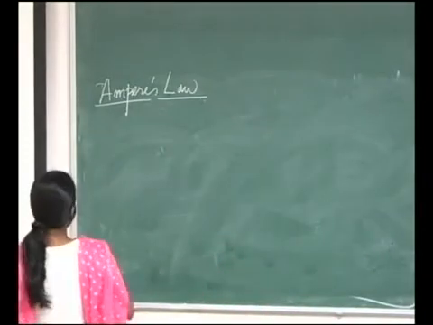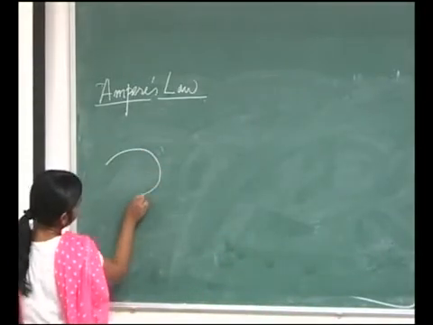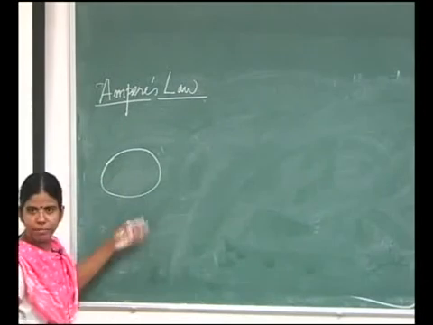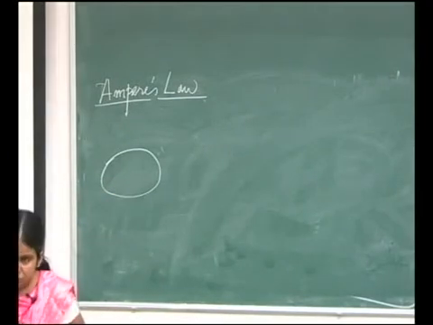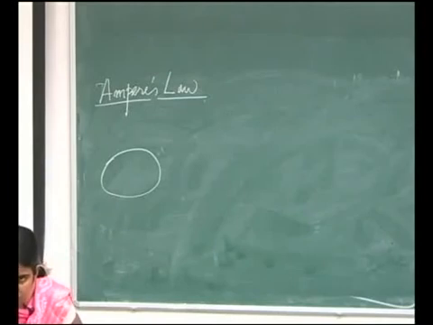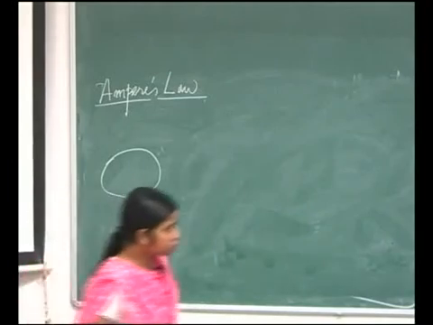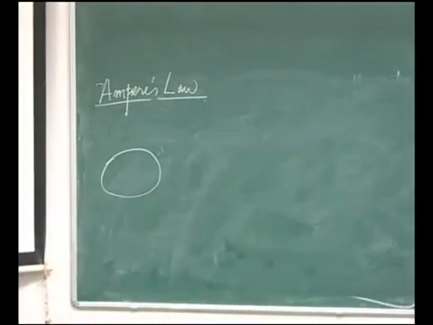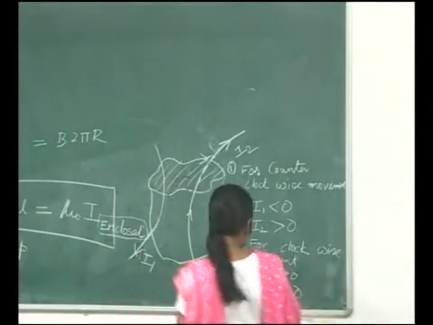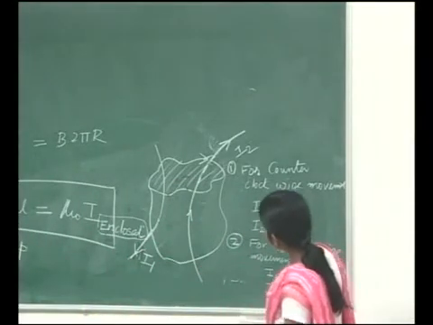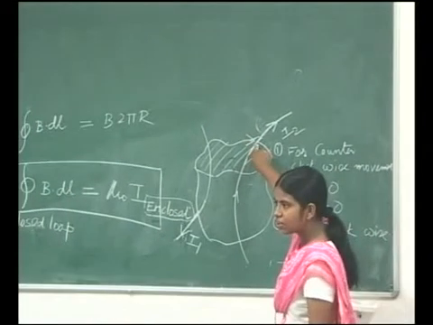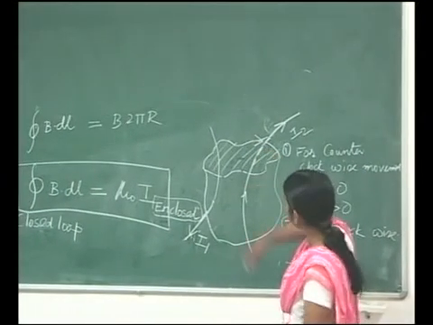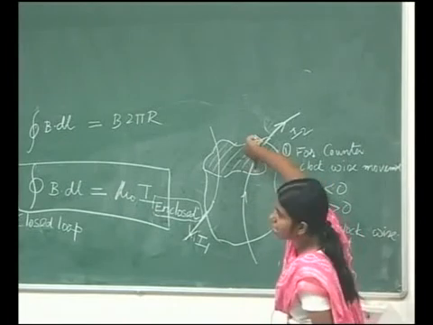Say I have a wire, of course this is a magnified view of the small wire. Now you are moving like this. What would be the direction of current? It would be like this.